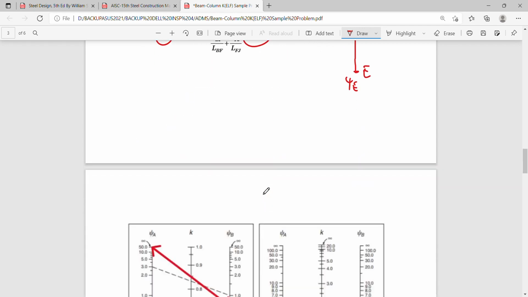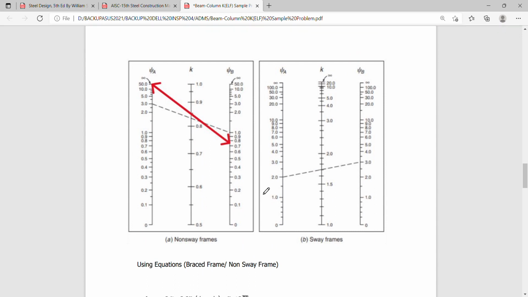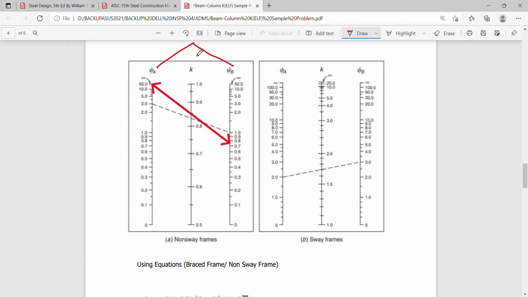Okay, so if I look into my nomograph, your A and B here refer to the joints to consider, okay, at the column ends.